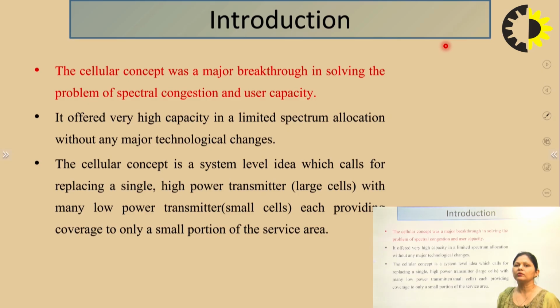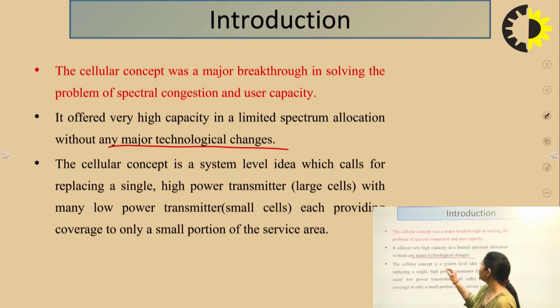To solve it, we have cellular technology. The main thing is it offers very high capacity and limited spectrum allocation without any major technology changes. So these are the two important points.